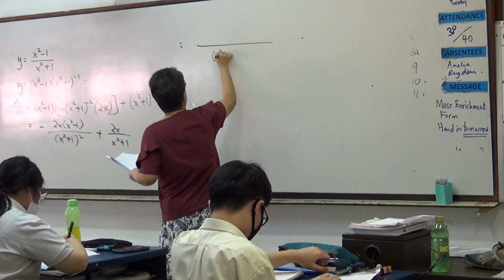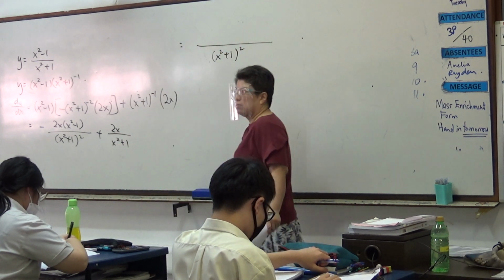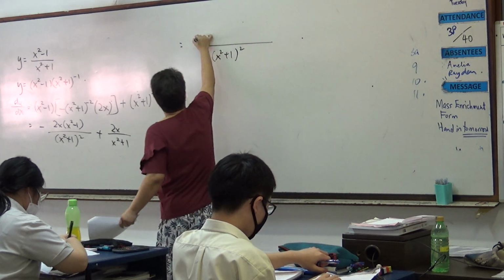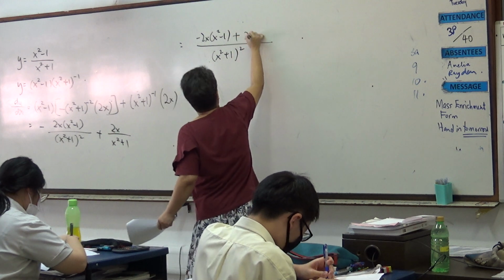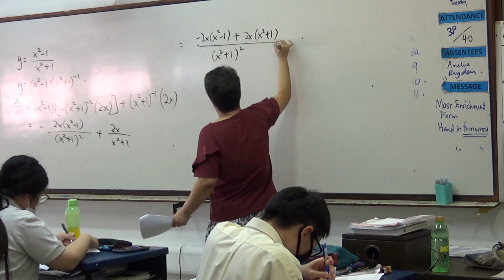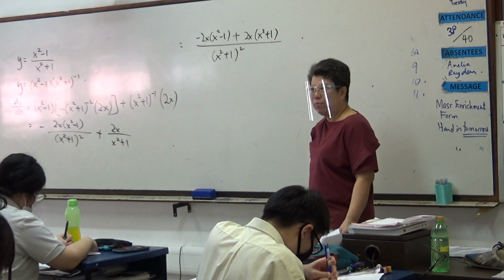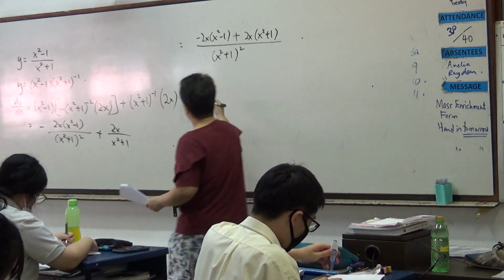Do you agree that the LCM is this? So I'll have minus 2x, x squared minus 1 plus 2x into x squared plus 1, right? I'll simplify. Okay? I'm going to expand out.